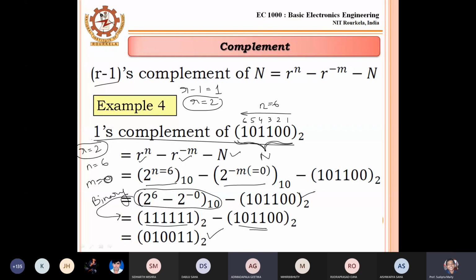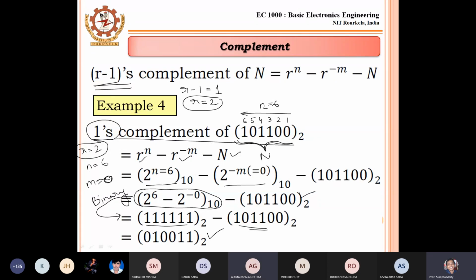The problem is, in the question it is given that we have to find 1's complement. So what is the nearest one? That means 1 cannot be accounted under octal or hexadecimal. It should be accounted into the binary, na? So then we have to perform the r minus 1's complement formula.